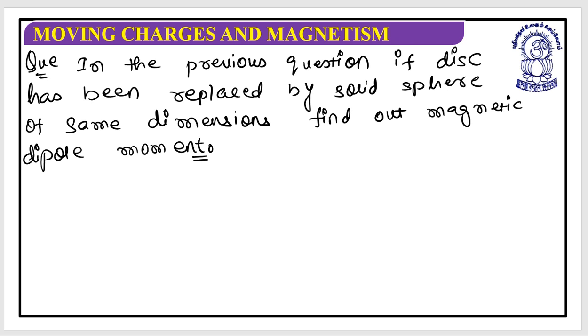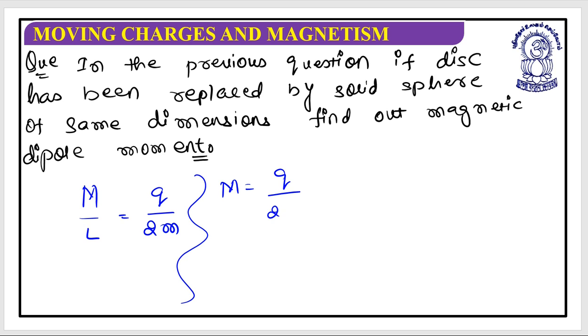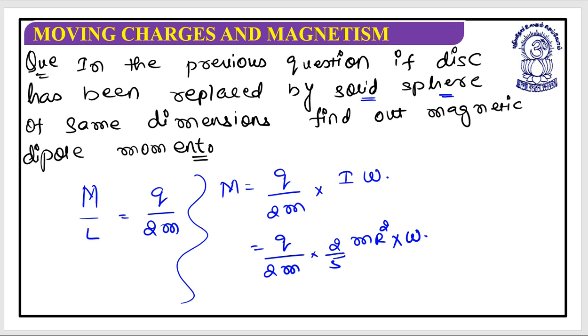What I am supposed to do is m by L, that would be q by 2m, and so m is equal to q by 2m multiplied by I into omega. At this point it is the solid sphere, so the moment of inertia of a solid sphere would be 2 by 5 mr square multiplied by omega.